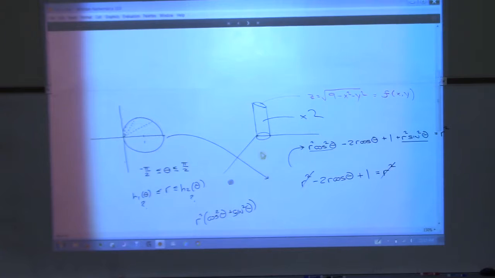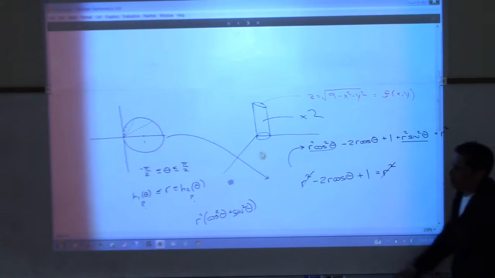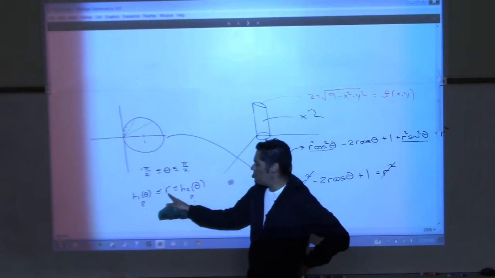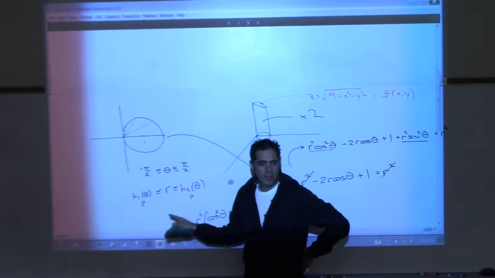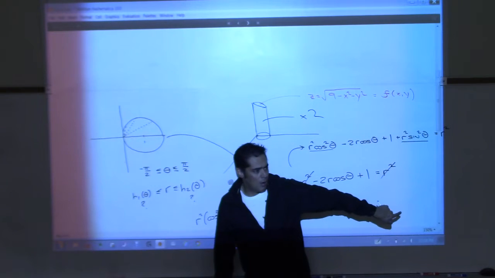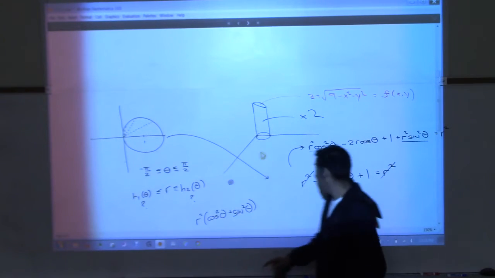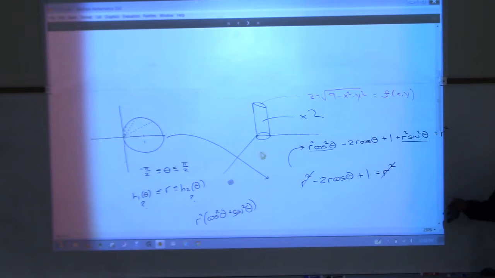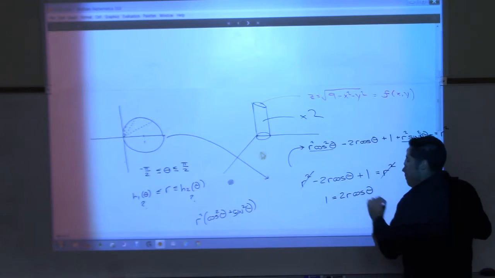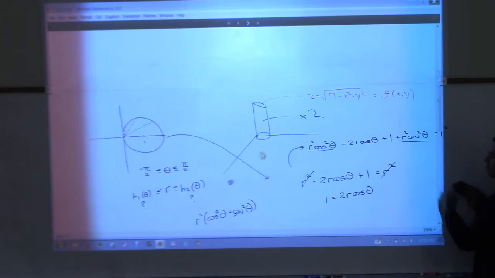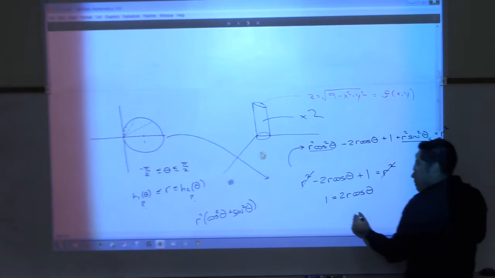All right. Remember what we're looking for here. We would like r to somehow be a function of theta, which means solve this for r. Solve this for r, and what would you get? Let's see, 1 equals 2r cosine theta, right? Just move that to the right. Solve for r, divide both sides by 2 cosine theta.